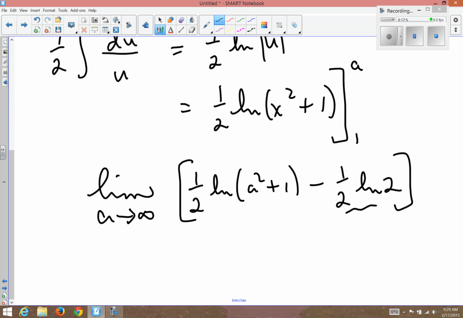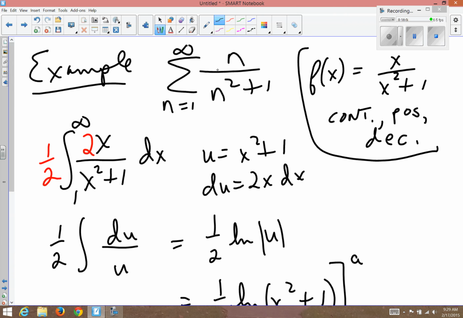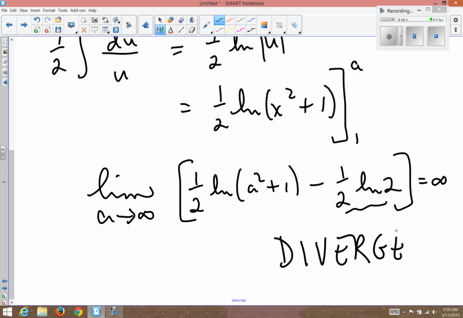And then take away some number, that's still infinity. So the improper integral and the series both diverge because of this result right here.